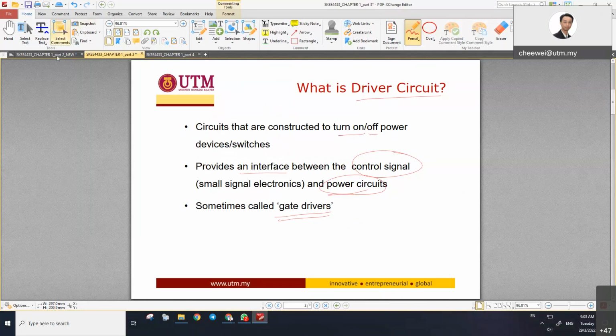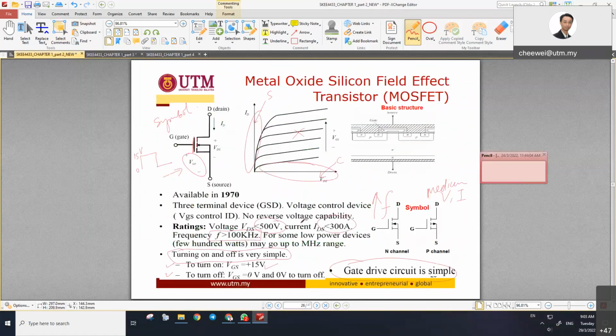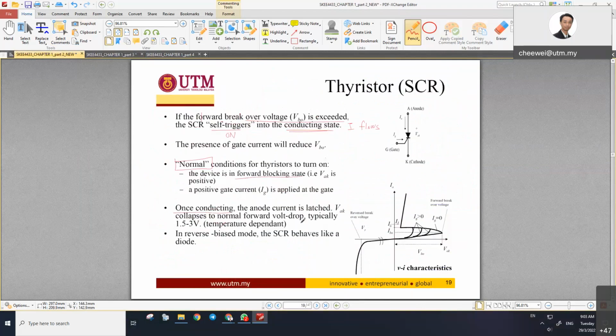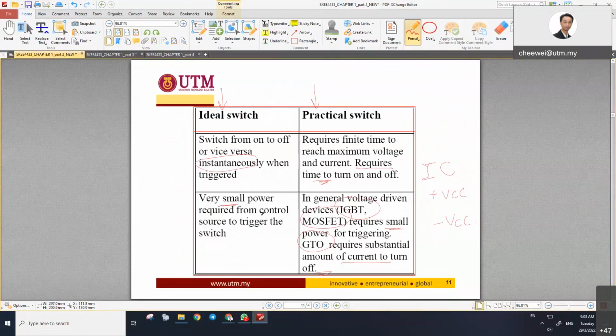If you still recall the differences between ideal and practical. There you are. Ideal switch, do you need large power to turn it on? No. Maybe you only need the signal of 0 and 1, or sometimes only 0 and 5 volts.